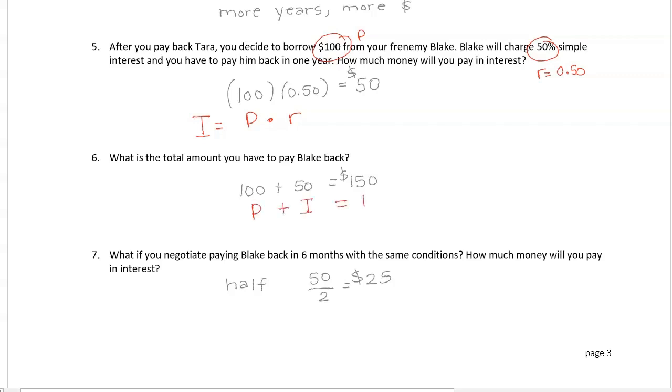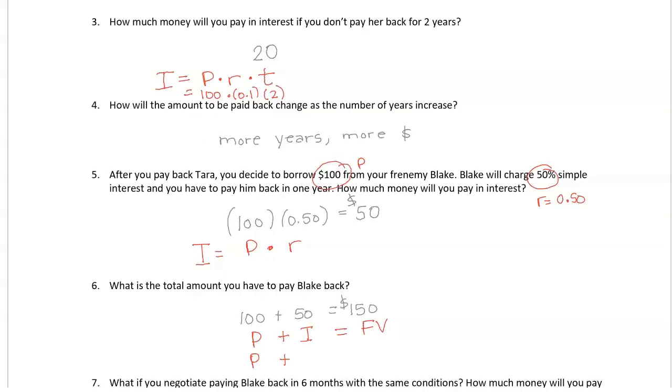That's going to get us our future value. What you'll notice is the interest formula is P times R times T. Instead of writing I, I'm going to rewrite it as PRT. That will also get me my future value.